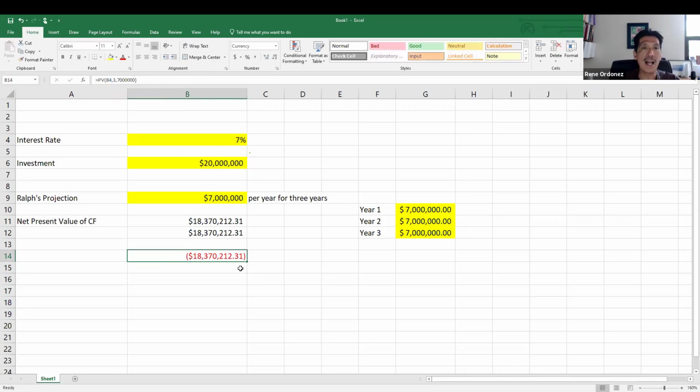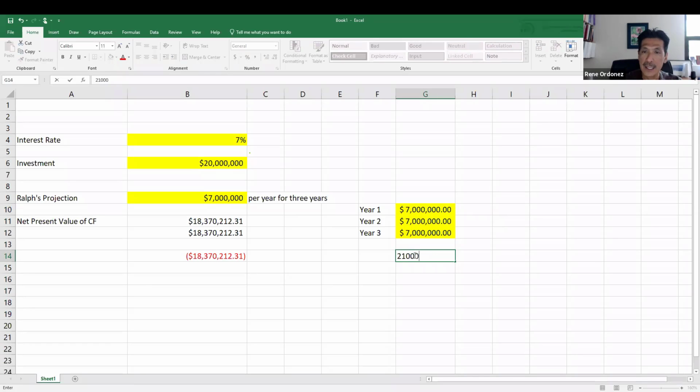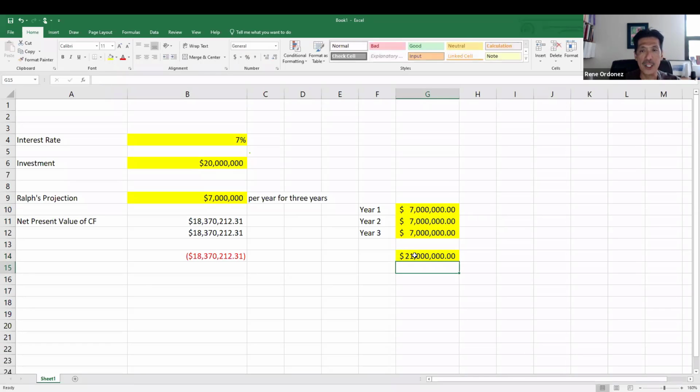Now we can tell Ralph that, hey, you know what? The 21 million that you were projecting is really not the right number to use, because you could have invested the 20 million at 7% and will have earned more return than investing it in the software.